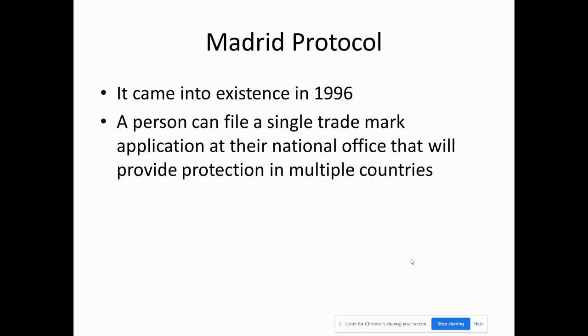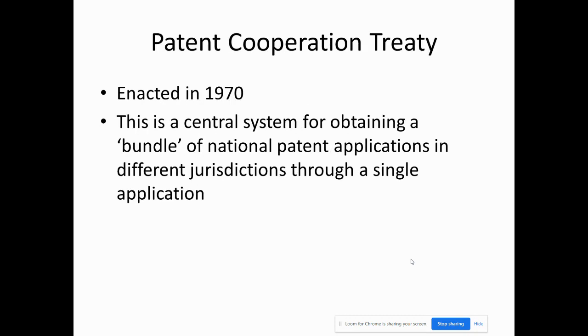Another important convention was the Madrid Protocol, which came into existence in 1996. This is basically related to registering trademarks. Under the Madrid Protocol, one can apply under WIPO for a particular trademark, and that trademark will be protected across different countries. Another important treaty is the Patent Cooperation Treaty, which was enacted in 1970.